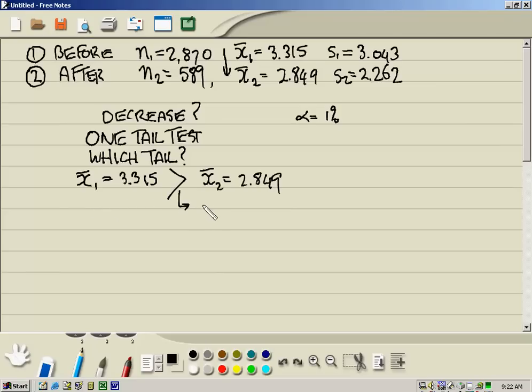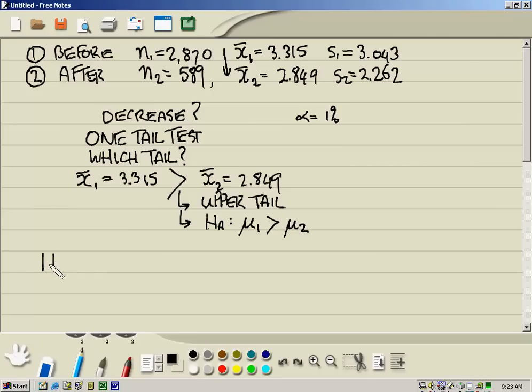So, as always, there are two things we gain from that. It's an upper tail test for greater than, and the alternate includes that greater than sign. So instead of x bar 1 being greater than x bar 2, we want to know if the population equivalent is true. So the alternate is mu1 greater than mu2.